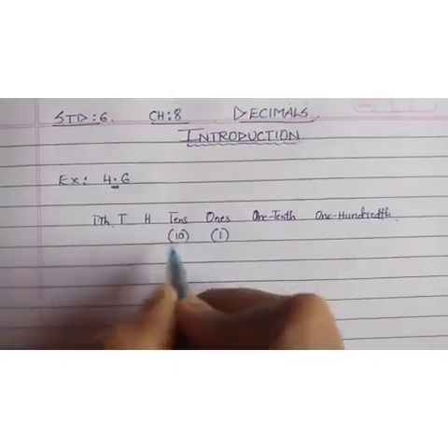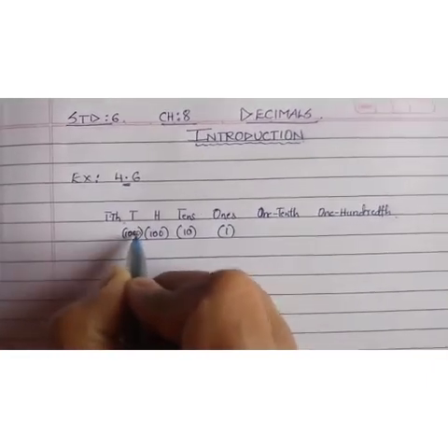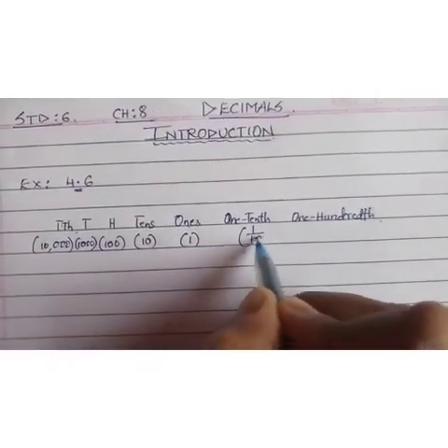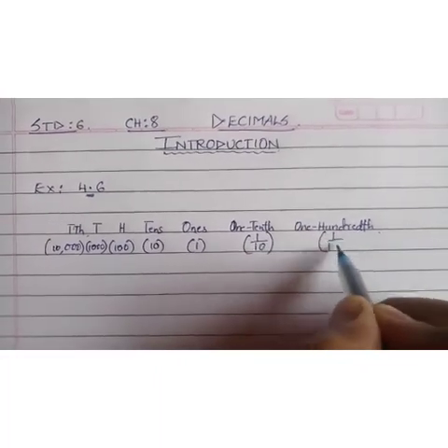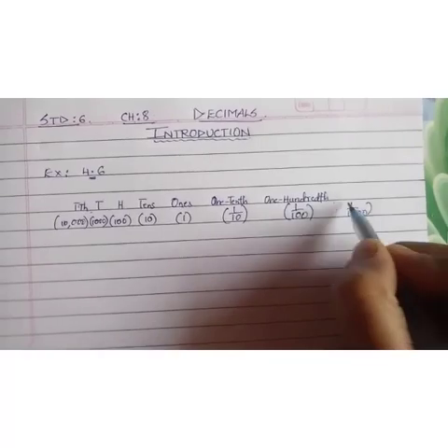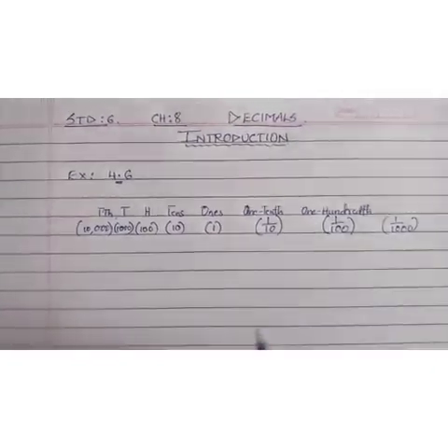Ones, tens, 100, 1000, 10,000 and so on. And this side you write 1/10, 1/100, 1/1000 and so on. So children, whenever this comes, you have to identify that it is a decimal number.